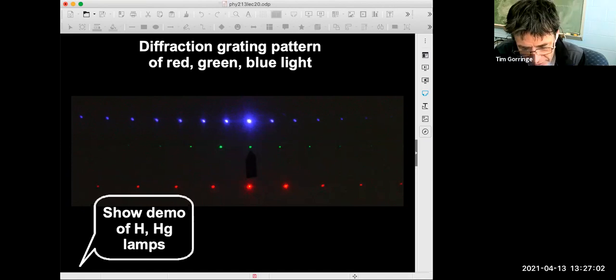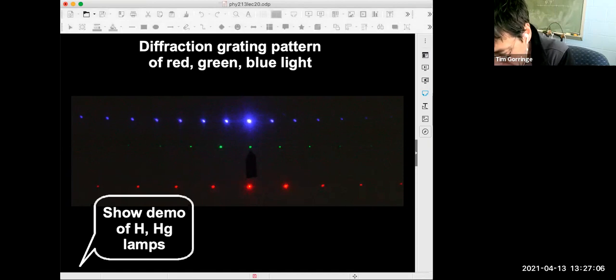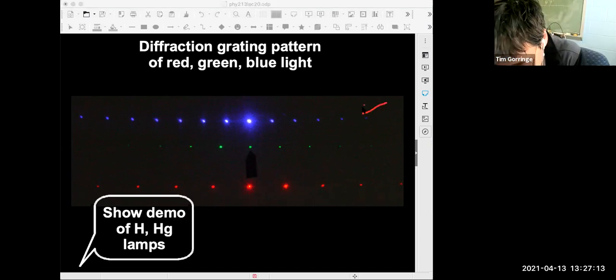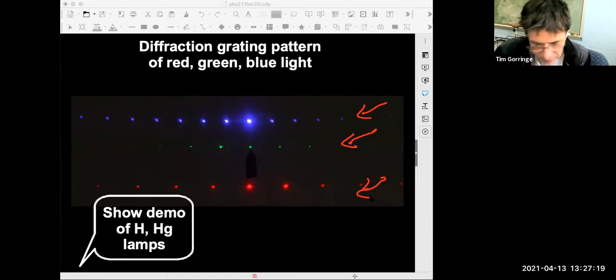And what it's showing you is three different colors of light passing through the diffraction grating. So upstairs here, here's blue light, here's green light, here's red light, passing through the same diffraction grating.